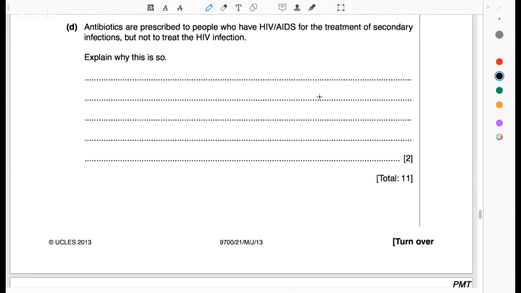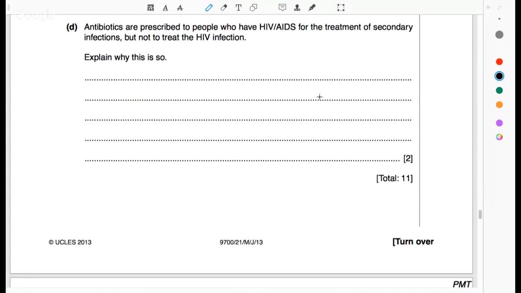I don't think it's the best worded question, but essentially you'll pick up marks for explaining how antibiotics work and how they wouldn't therefore work on viruses: they kill or slow growth of bacteria without harming the human cells. So good.